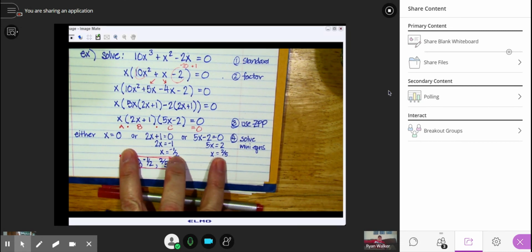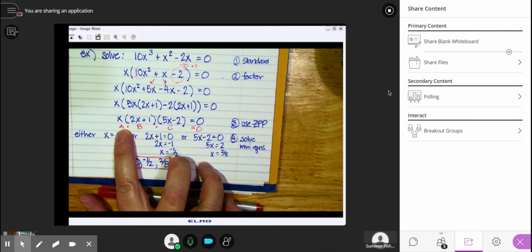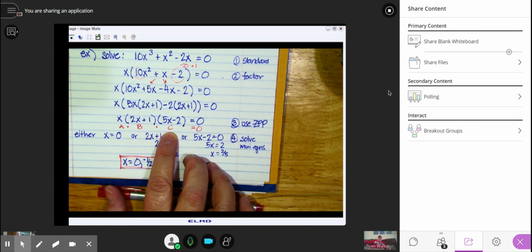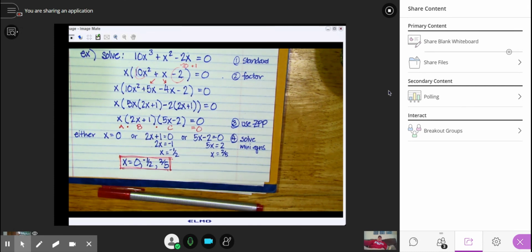Mm-hmm. Correct. You're taking each of those factors by themselves and setting them equal to 0. Okay?